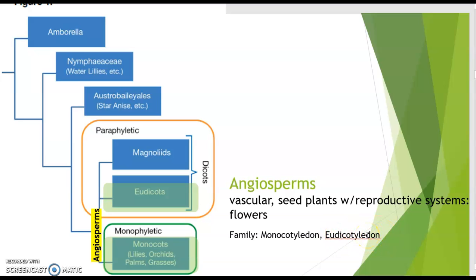So let's take apart those words so that you'll remember it. When you look at monocotyledon, you see mono there, and you know mono means one. And when you see eudicotyledon, you see the di there, and you know di means two. So we can look into that a little bit more. One cotyledon. Well, what is a cotyledon? Let's go into that next.